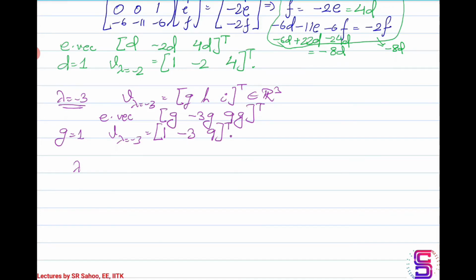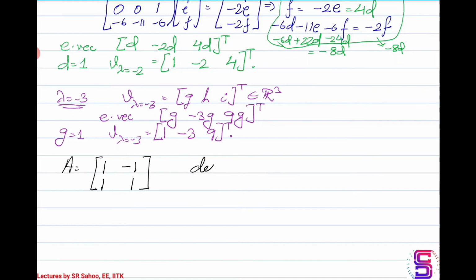Similarly, if you take another matrix A, we'll take a 2 cross 2 matrix this time. Let's say the matrix is 1, minus 1, 1, 1.